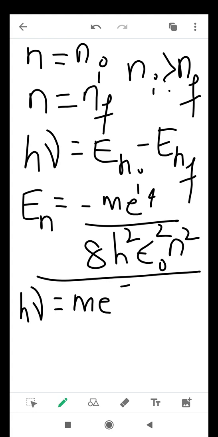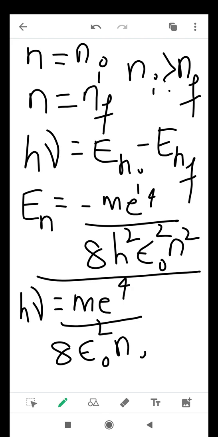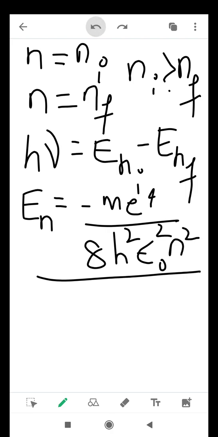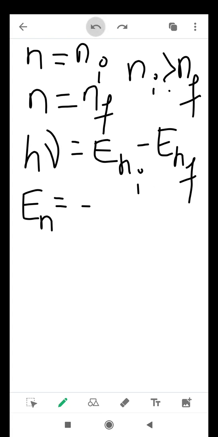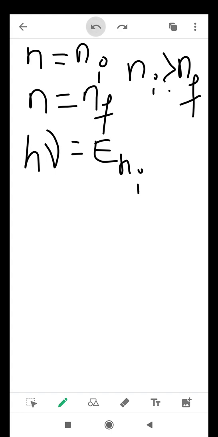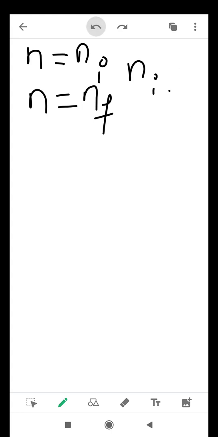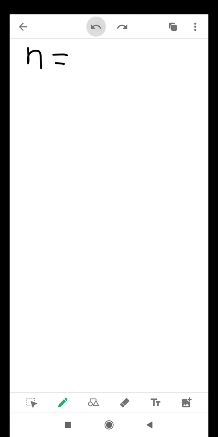m e raised to 4 divided by 8 epsilon naught square. So now we'll consider for the initial, it is n_i square into h square, minus of. We'll write that equation one more time.